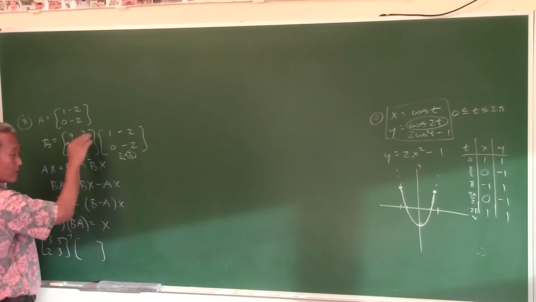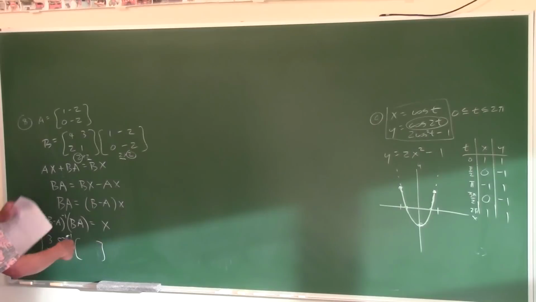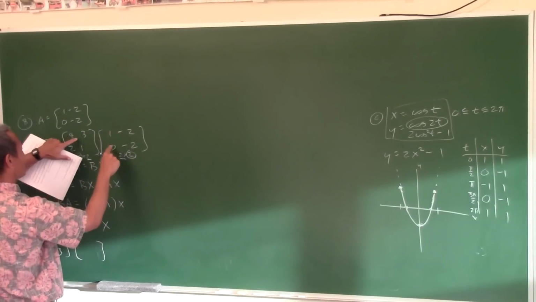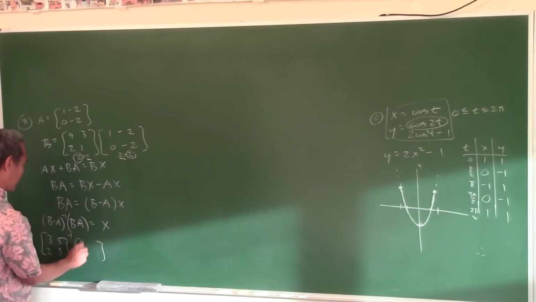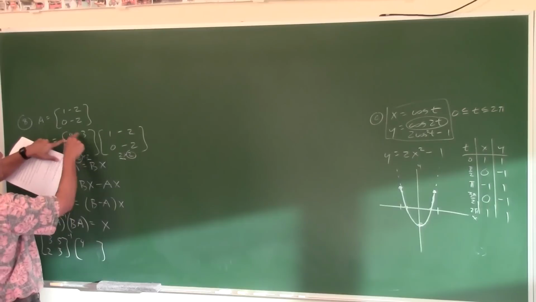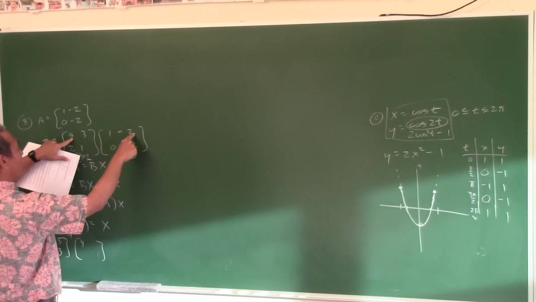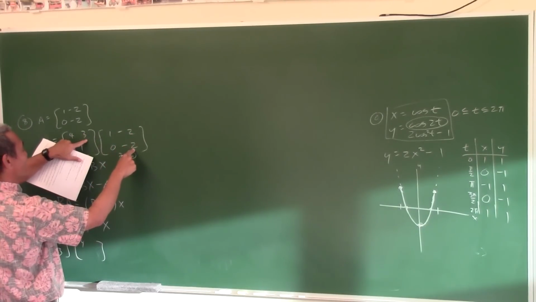The one on the left, you always go across the rows, and the one on the right, you're always coming down the columns. So 4 plus 0, it's 4. Now for this one, you go across the first row, come down the second column. So that would be negative 8 minus 6.